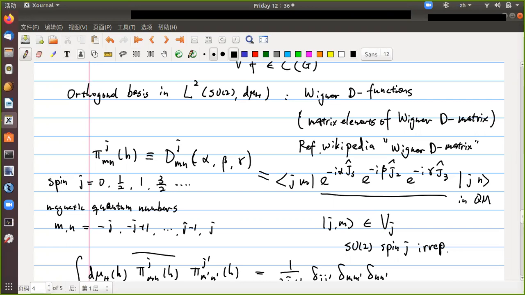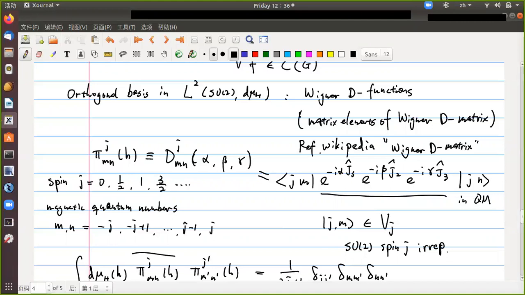Sorry, you mean completion of the Hilbert space? I mean, the reason why we can use the Haar measure is because the holonomy is an element of SU2. The matrix element of the holonomy is also a function. Do I understand the process correctly?